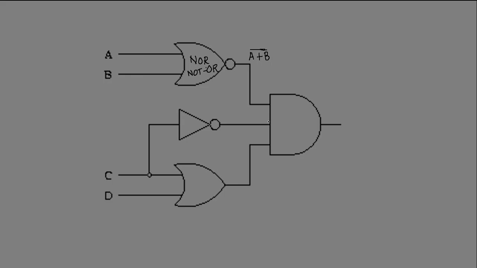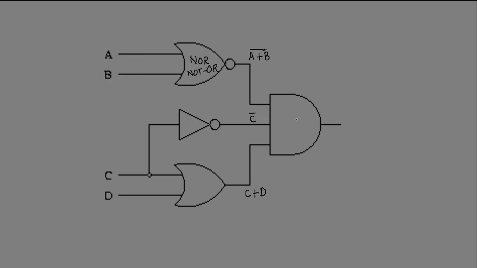So therefore the AND gate, which is having 3 inputs, one input is this, the second input is coming through the NOT gate, so therefore it will be C complement, and the final one D. D will be given as an input to this OR gate, and this OR gate receives another signal as C also, so therefore the output of this OR gate will be equal to C plus D, right?